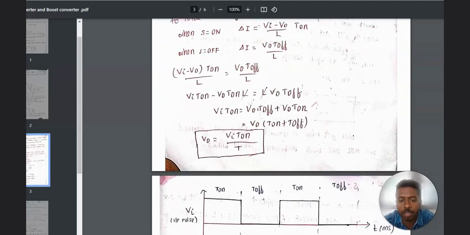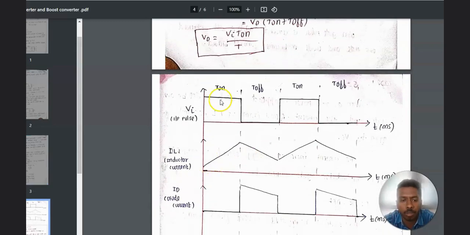From the above theory, we can draw this waveform. During T on, when the switch is on, the inductor gets gradually charged. Then when the switch gets released, the inductor discharges like this. Again, this will be repeated during T on and T off in the next cycle.